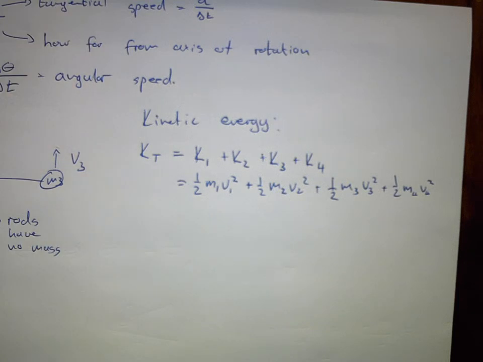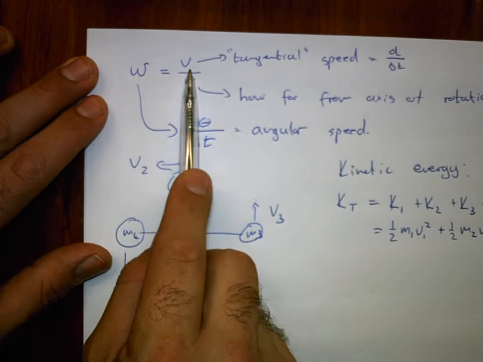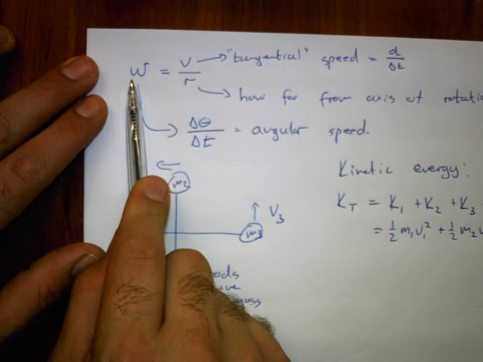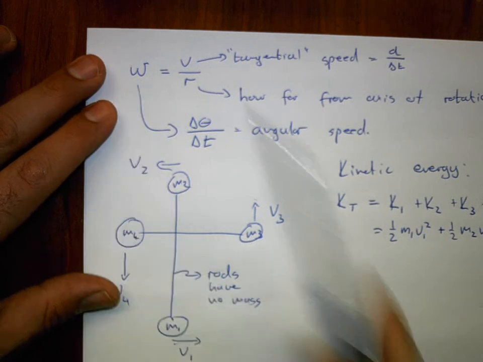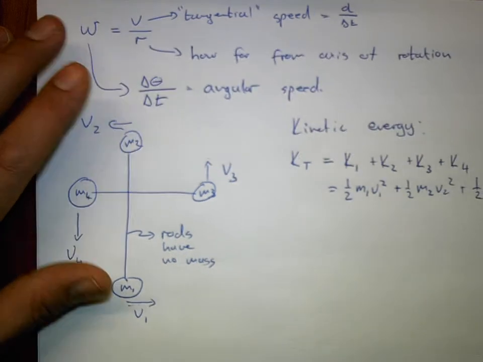And we can actually write this in a slightly simpler way. We know that there is this link between a tangential speed and an angular speed. So we can substitute that in there for every one of these masses.